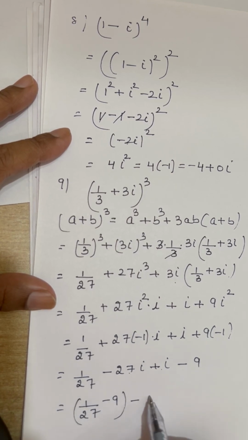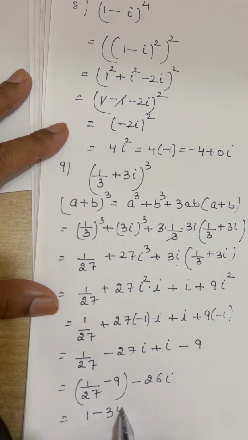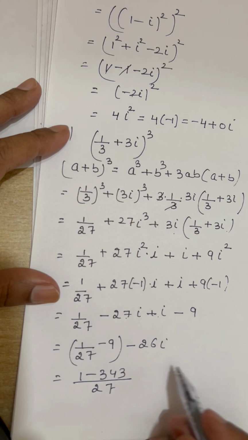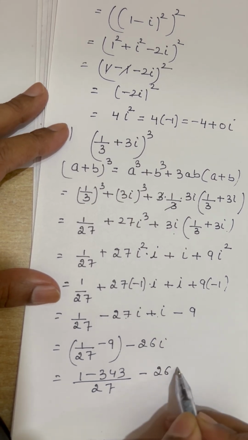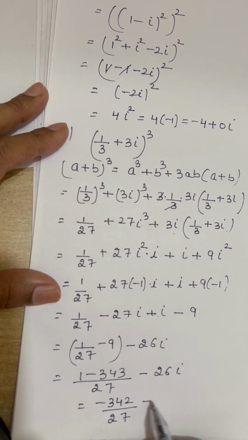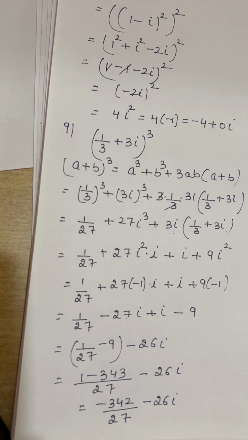This becomes minus 26 iota. Here LCM. So this becomes 1 minus 343 upon 27 minus 26 iota. So answer is minus 342 upon 27 minus 26 iota. That's it.